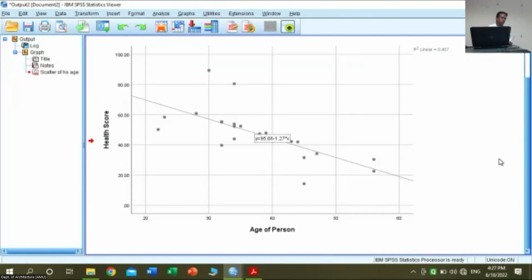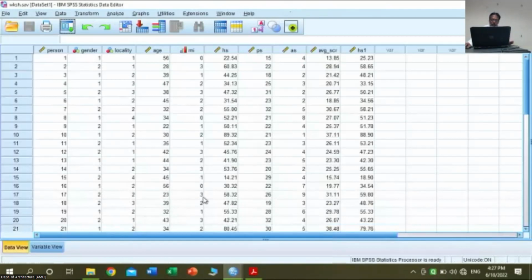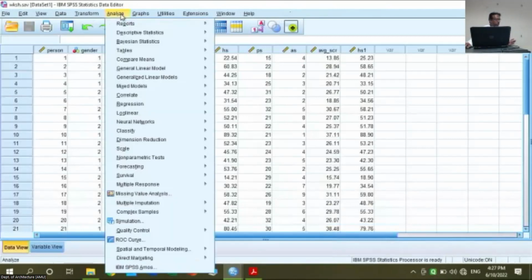But here, whatever values we considered, that shows the downward tendency, that is the linear relationship in the downward direction. So correlation analysis can be performed. Now what we'll do here: analyze, and see here, correlate and then bivariate.